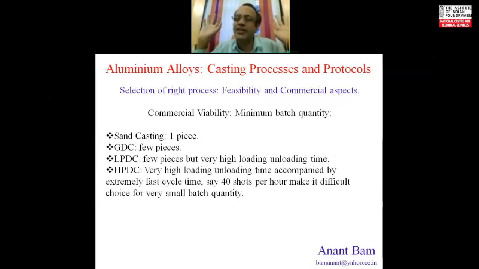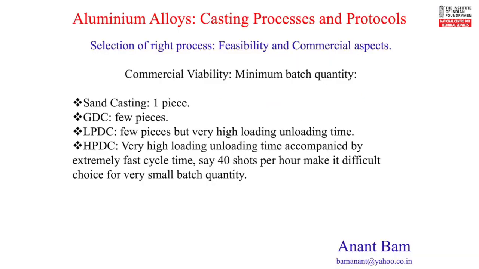That's the order quantity. Then you are left with only one choice, that is sand casting. For gravity die casting, you can sustain with maybe tens of pieces or hundreds of pieces. For low pressure die casting, you need slightly higher batch quantity because the loading and unloading time of the die is very high.